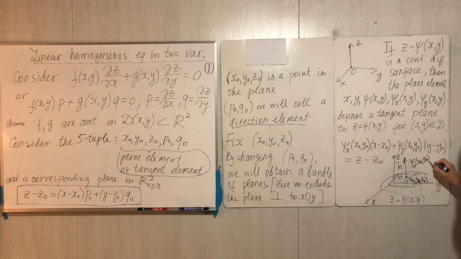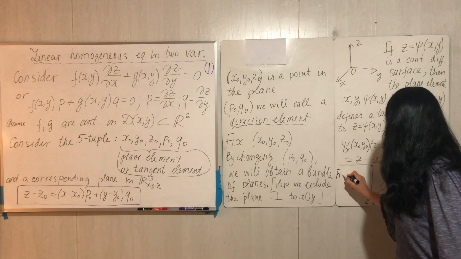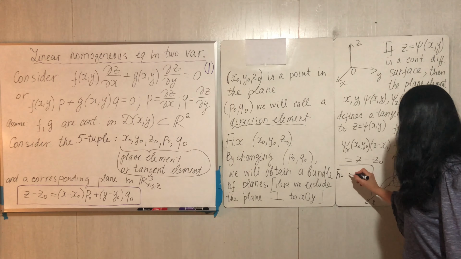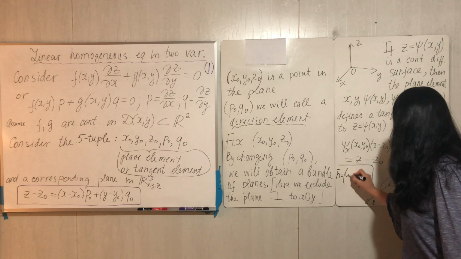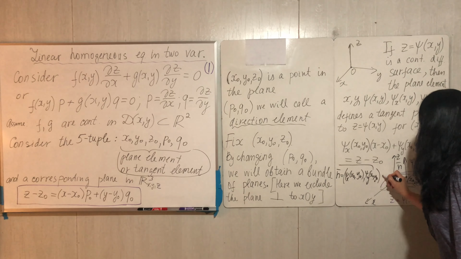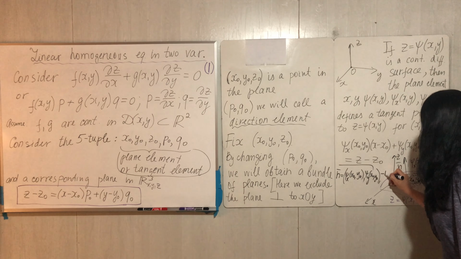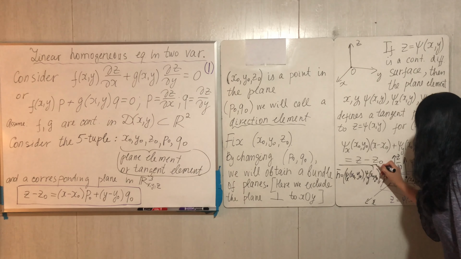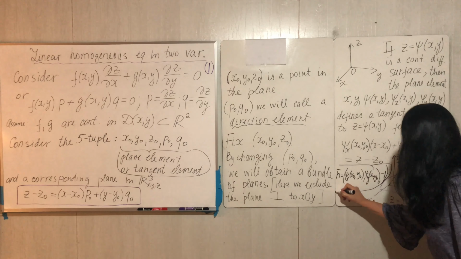So I will write it here again. So n is this vector: psi x at x0, y0, then psi y at x0, y0, and -1. So this is our normal vector.